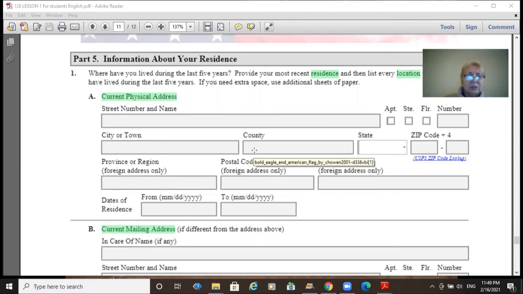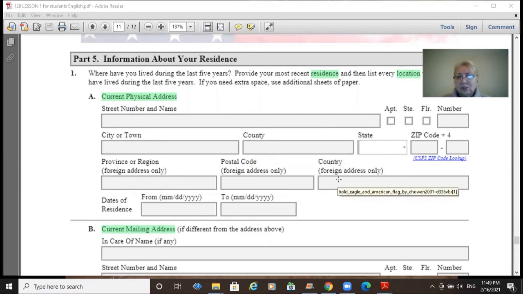And trust me, the less questions they ask, the better, because questions make you nervous at the interview. And when you get nervous, you may not understand, right? So please give them the full address, including everything.